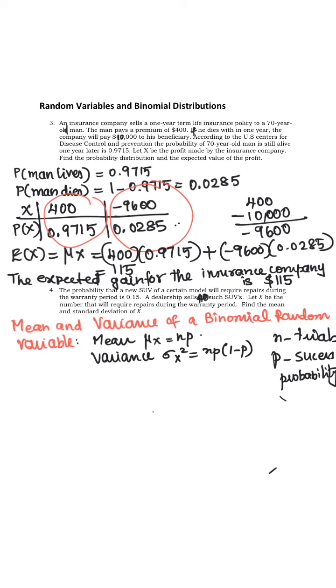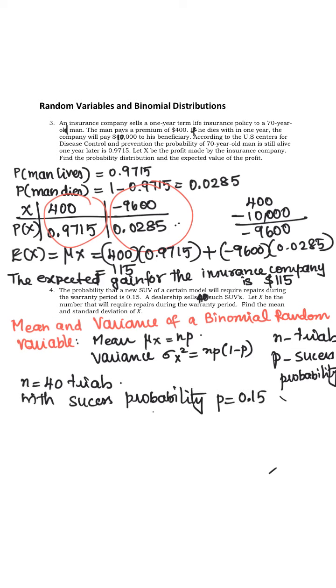In this example, the dealership sells 40 such SUVs. So n equals 40 trials with success probability p equals 0.15.